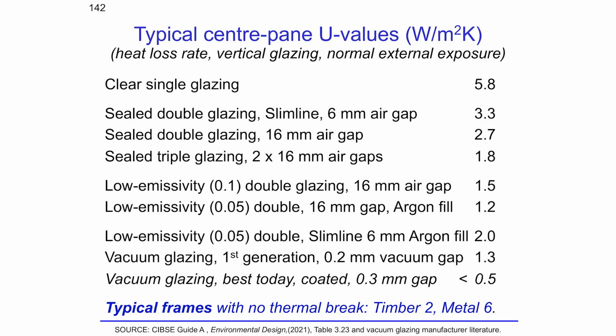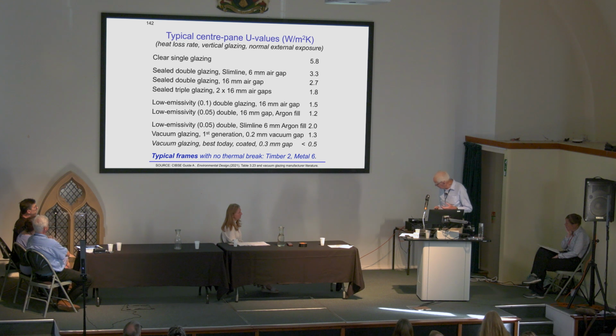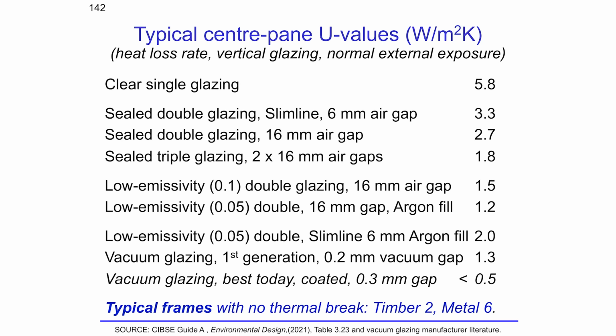So you start with 5.8 just through the center of clear single glazing. Double glazing at the time wasn't argon filled and wasn't low-E coated. And so you got down to about half with double glazing with a 16 mil air gap. A 16 to 25 mil air gap doesn't make much difference on the double glazing. If you go less, it conducts more.